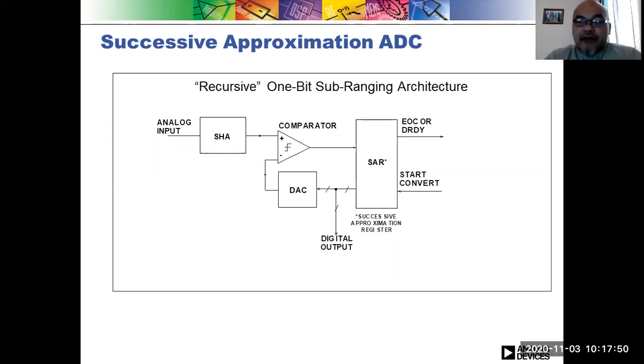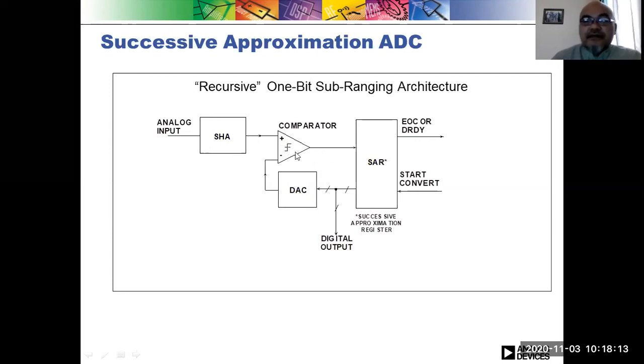So how does it know whether the digital value is close enough to the analog? It is by using this comparator. Here we see it has a comparator. First, the analog input is sampled and held, with the SHA here, the sample and hold amplifier.